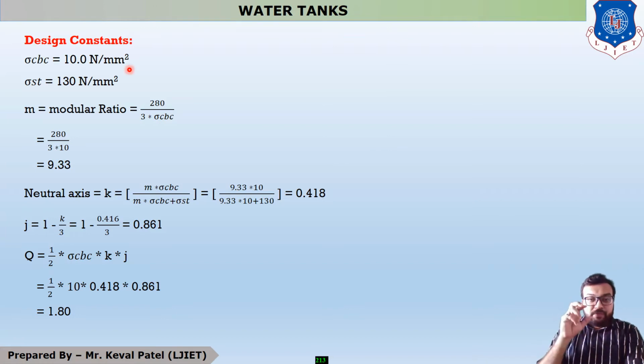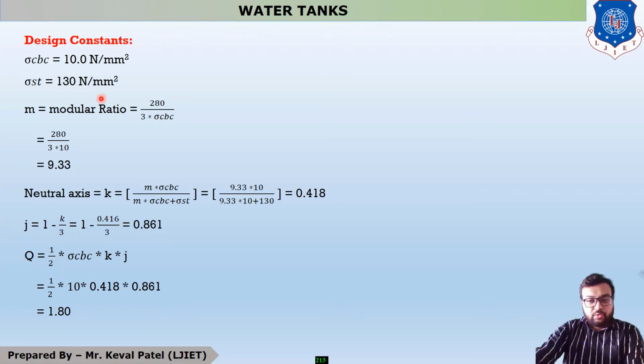This value will be found from table number 2 of IS 3370 part 2. The second permissible stress is sigma ST, which is equal to 130 Newton per mm square. Both these values were already discussed in our introductory session of the design of water tanks chapter.